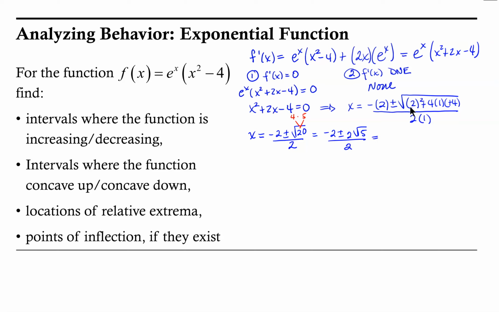I'm going to factor a 2 from my numerator. So I have 2 times negative 1 plus or minus the square root of 5, divided by 2. And the 2's will divide out. And so I end up with my critical points being negative 1 plus square root of 5 and negative 1 minus square root of 5.